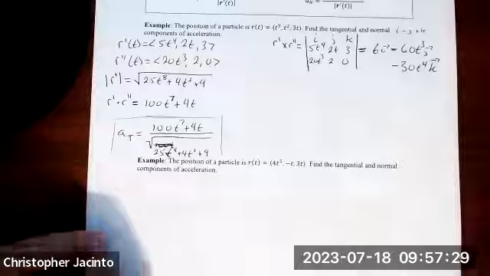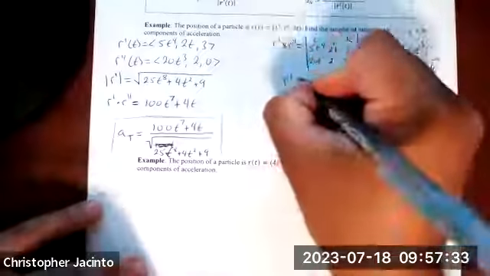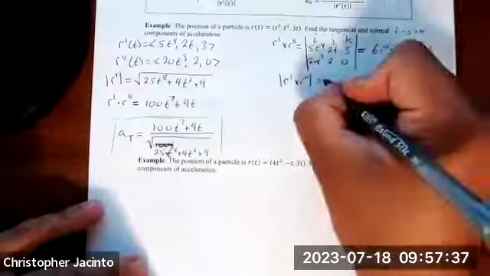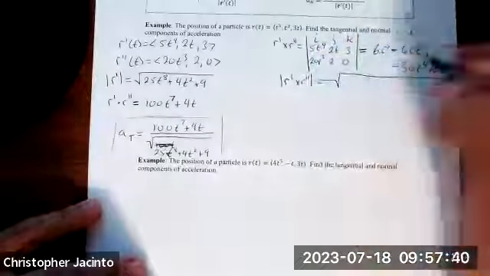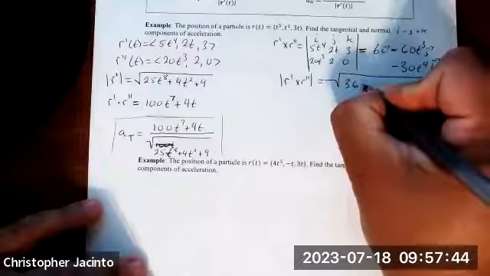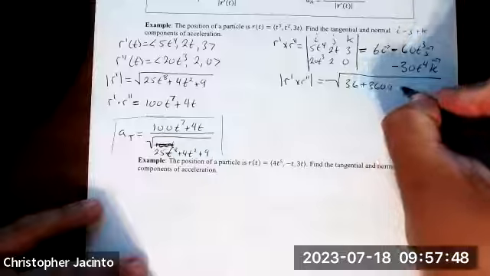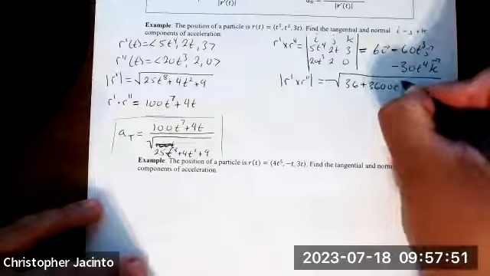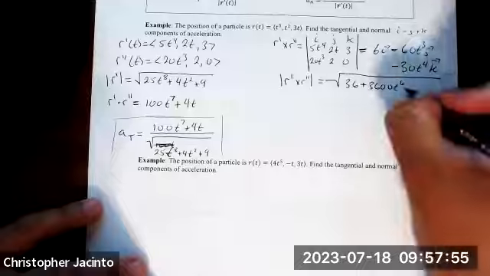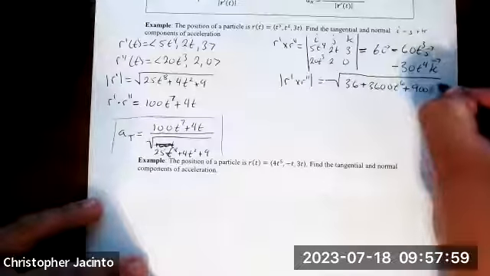Okay. All right, now we're just going to find the magnitude. So the magnitude of it. Again, this looks horrible, but remember, you could just leave it the same way it is. So 6 squared is easy, it's 36, plus 3,600 t squared, plus 3 times 3 is 9 t to the 8th.